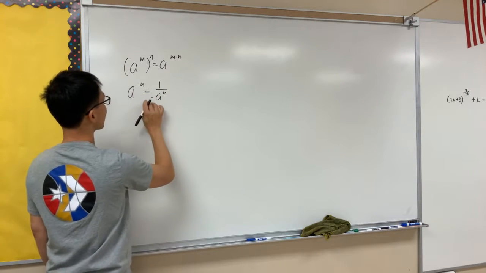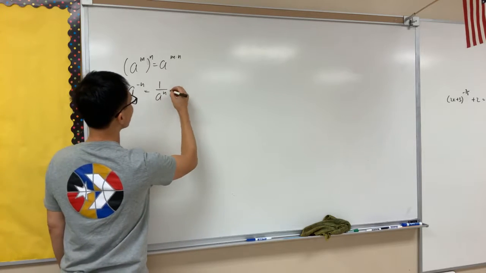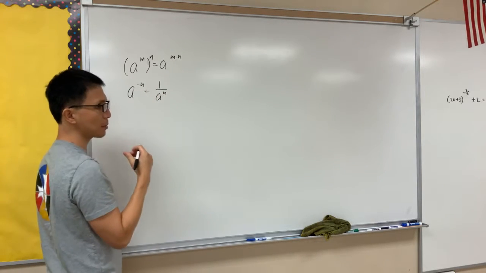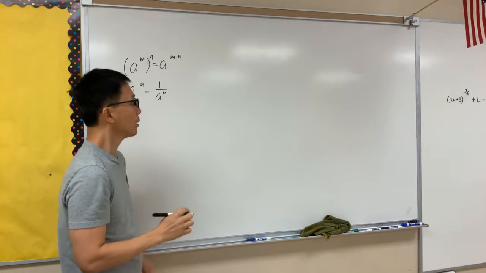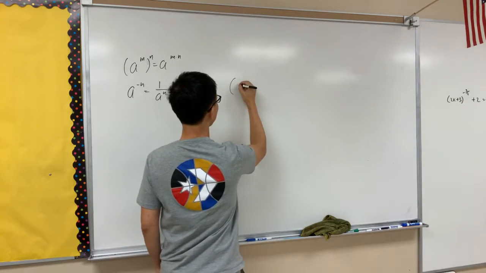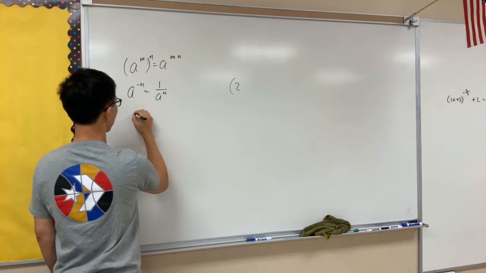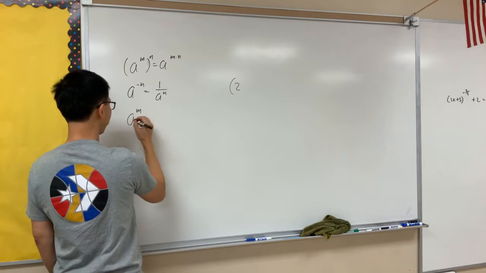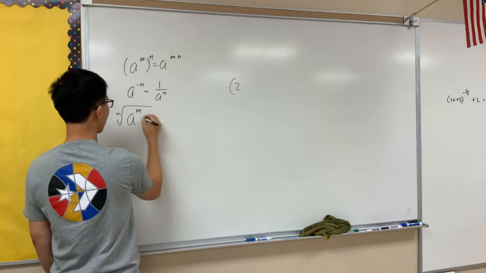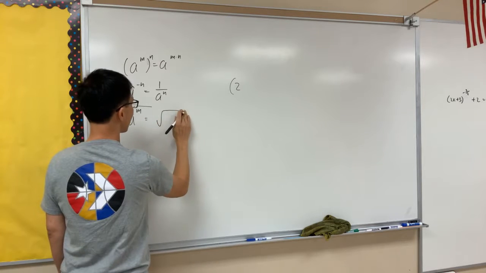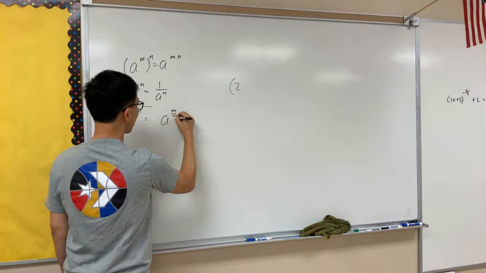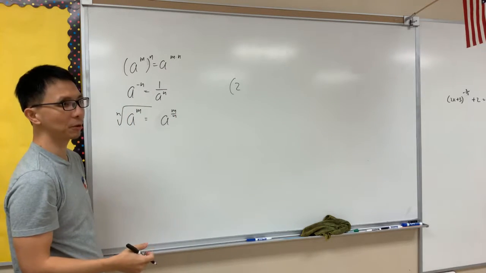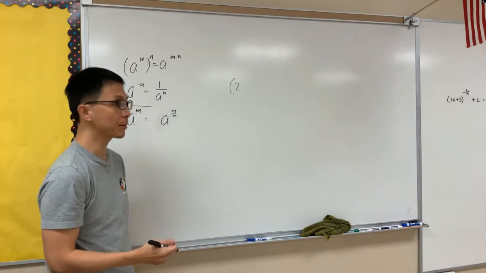That's called the negative exponent rule, and this is called the power rule. Today we're going to focus on those two rules, so that we can use them to help us solve the problem. We're also going to talk about a third rule, a to the m to the n power, called the definition of radical, which is equal to a to the m over n. Those are three of the exponential rules that we commonly use.